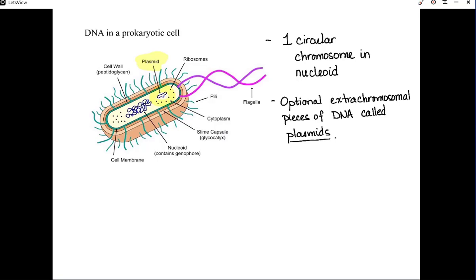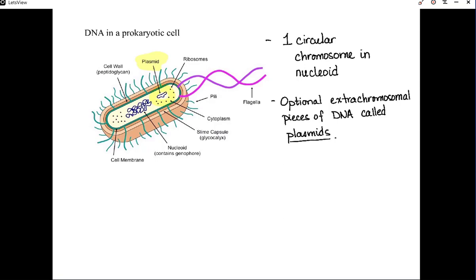Why would prokaryotic cells like bacteria have plasmids, or why would they want them? Well, they give the prokaryotic cell a little bit of extra genetic material that might be useful to that cell. One type of gene that is often carried on plasmids are genes coding for antibiotic resistance.